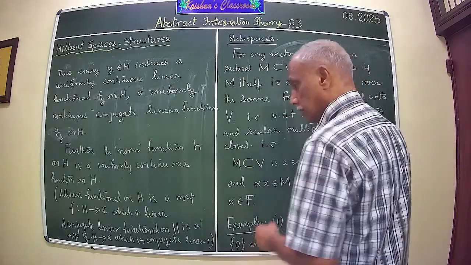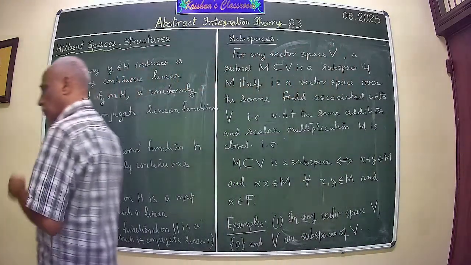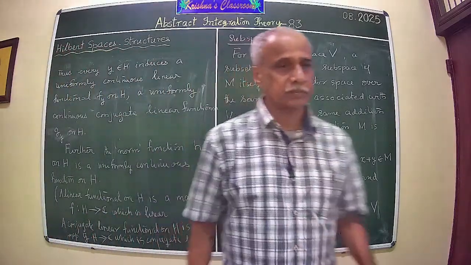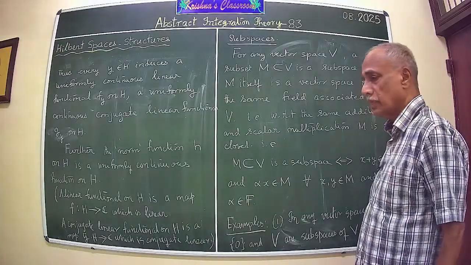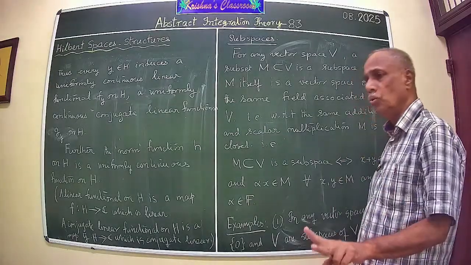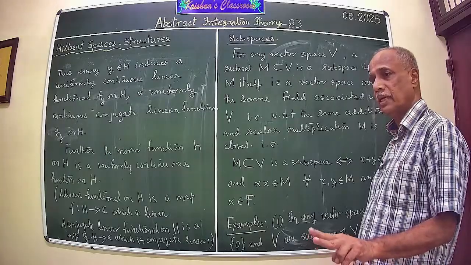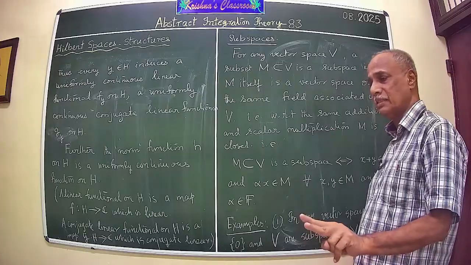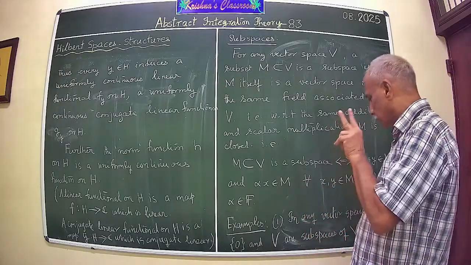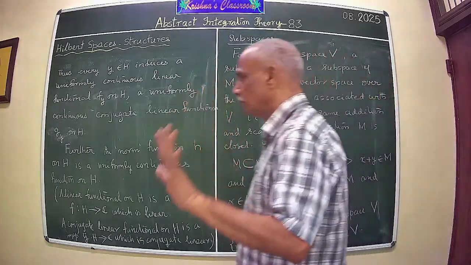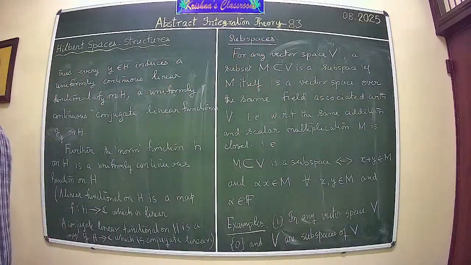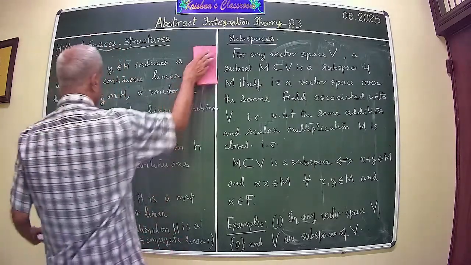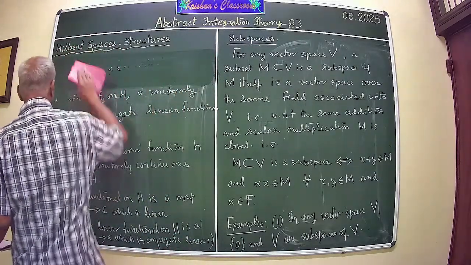For instance, R over R is a vector space, or C over C is a vector space. Now, there are exactly two subspaces there, namely the subset consisting of the zero vector and the subset which is the whole set. So that's an example where only those two are the subspaces of the space.